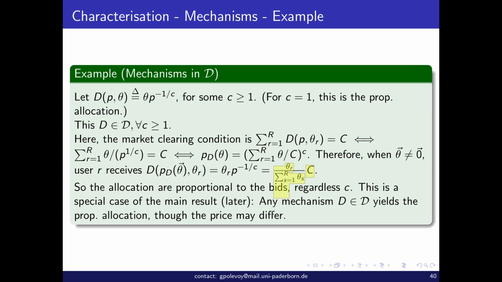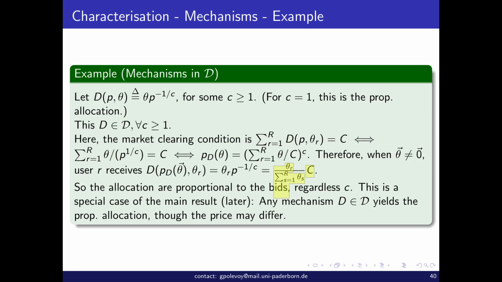This is a special case. Not only is that so, but we'll prove that any mechanism in this calligraphic D, which is not so small a class, it's quite a large class intuitively speaking, yields the proportional allocation. So only the price can differ. But the proportional allocation is for any mechanism.